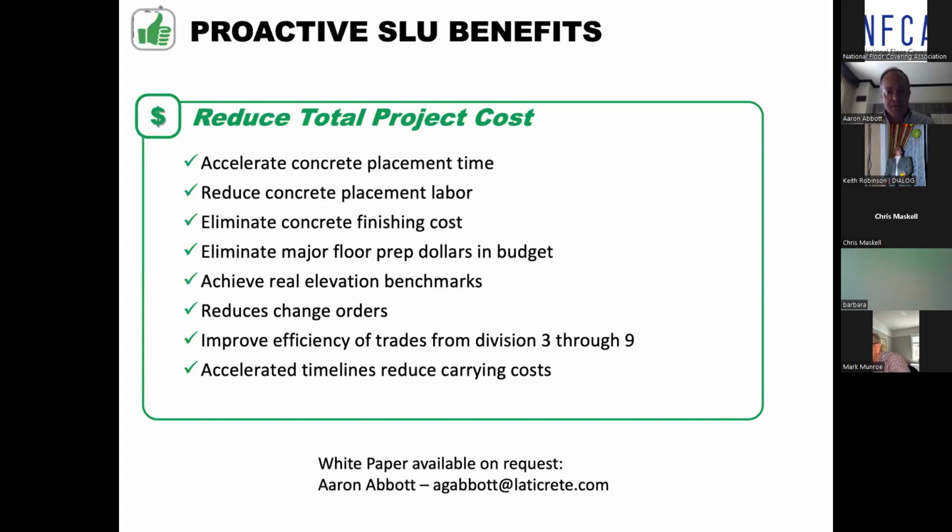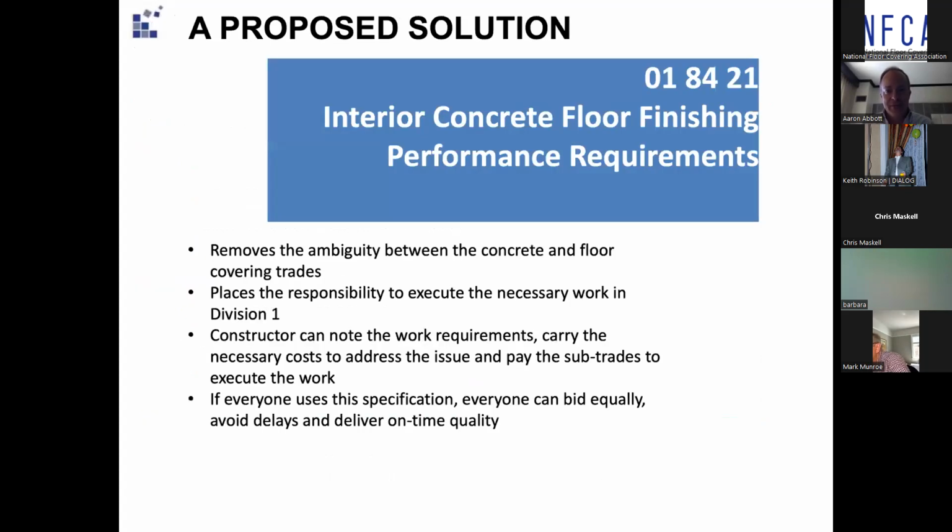Now, the solution, a proposed solution, has to include hopefully something that gets spec writers to take all of these things into consideration. So NFCA, with the awesome help and guidance and leadership of Keith, who's on this, proposed a Division 1 specification change, sort of a way of thinking about how to coordinate the different trades to solve these problems.